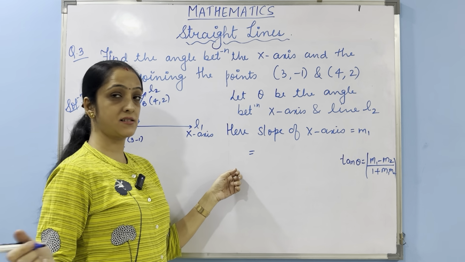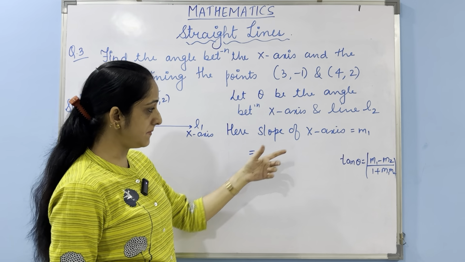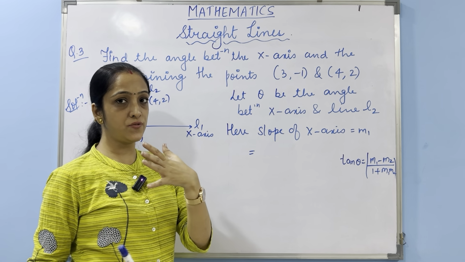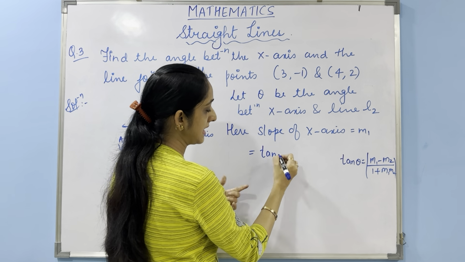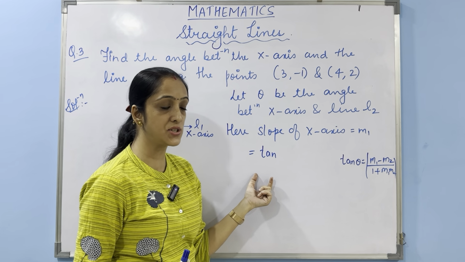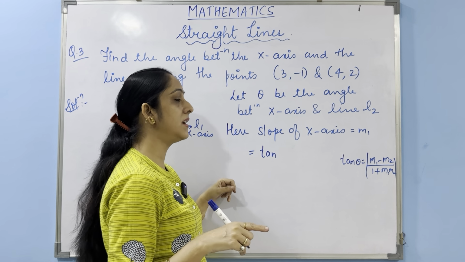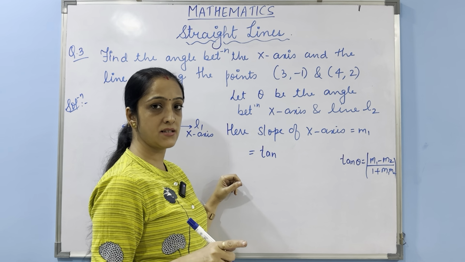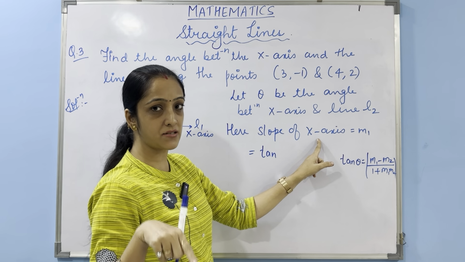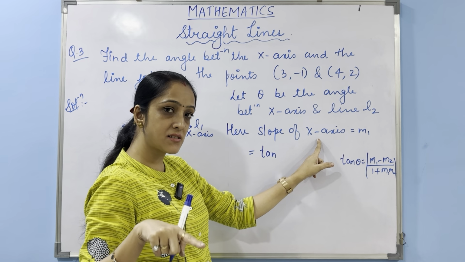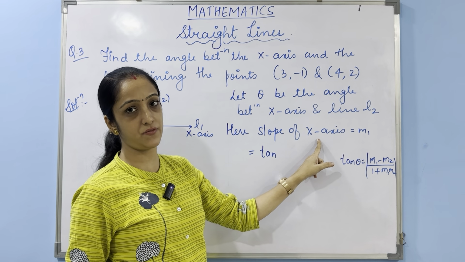To find slope, we know that it is the tangent of inclination. And inclination is the smallest non-negative angle made by the line, here the x-axis, with the positive direction of the x-axis.